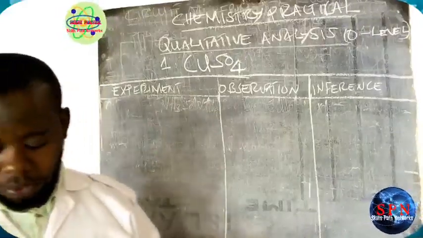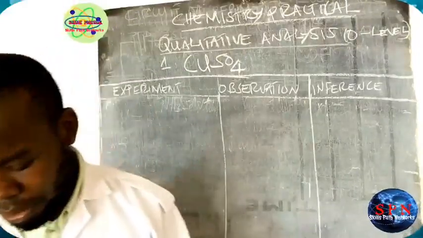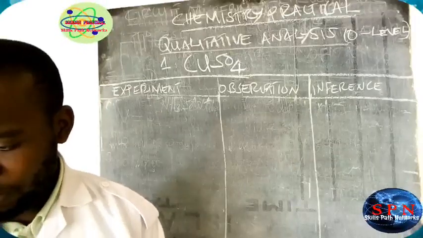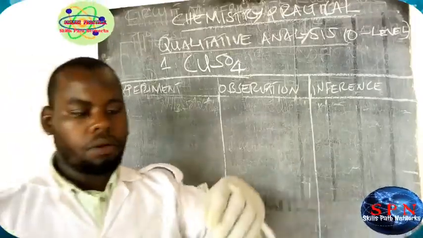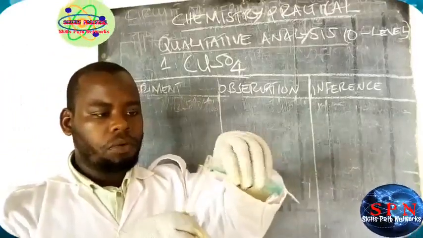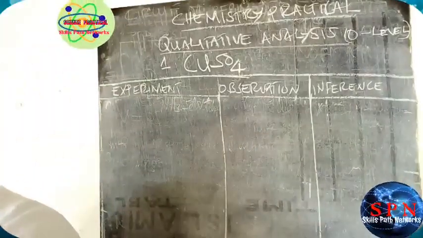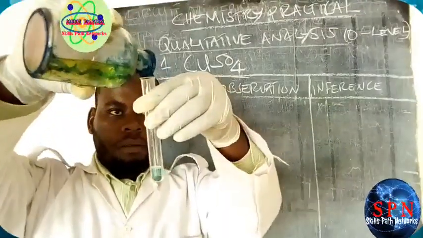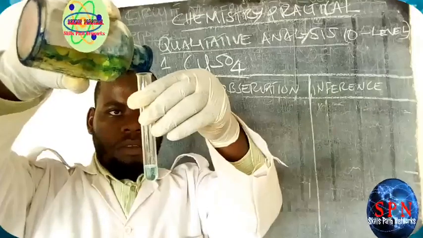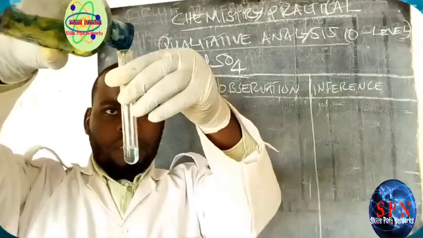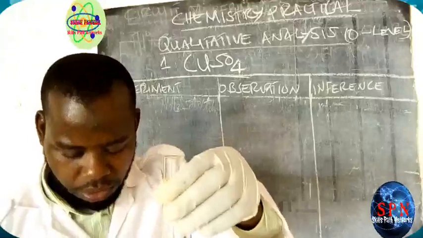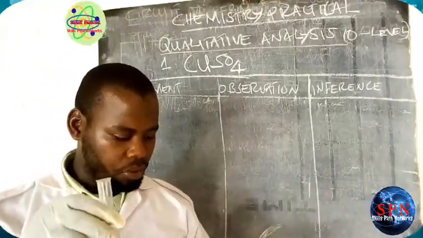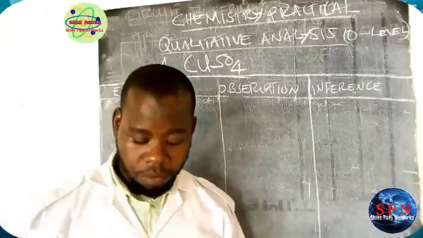We take our salt sample solution and put in potassium ferrocyanide, then we see the observation. We see a reddish brown precipitate.